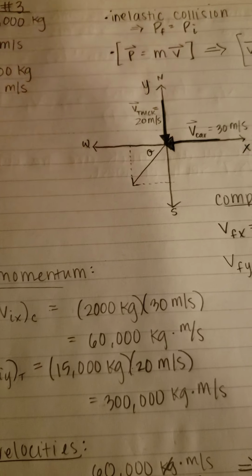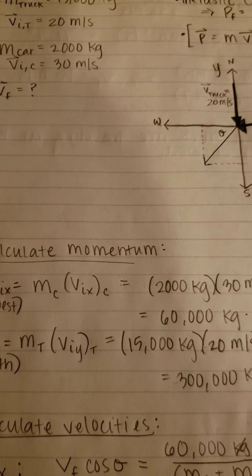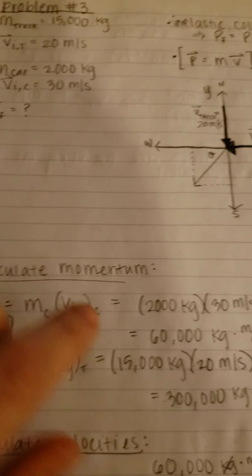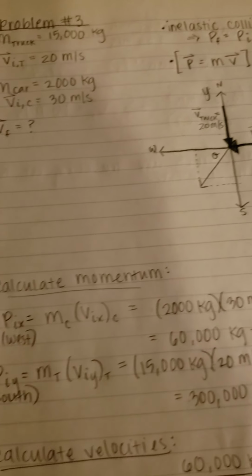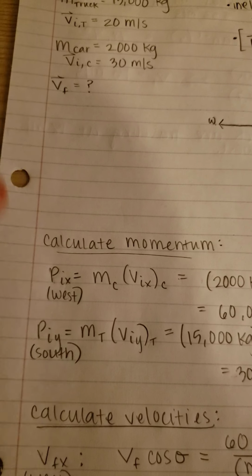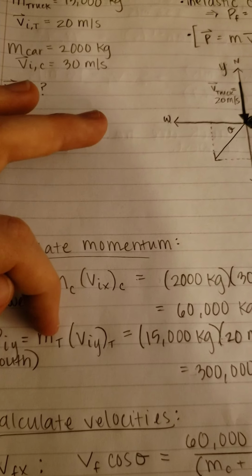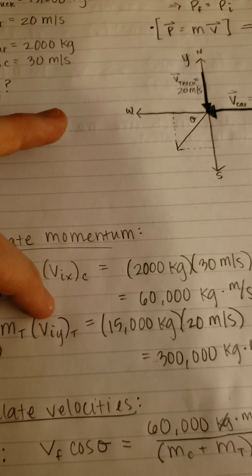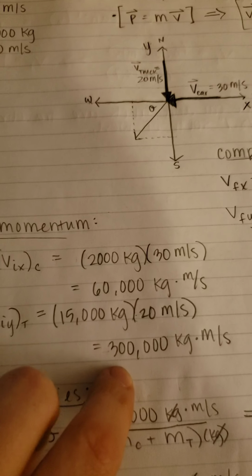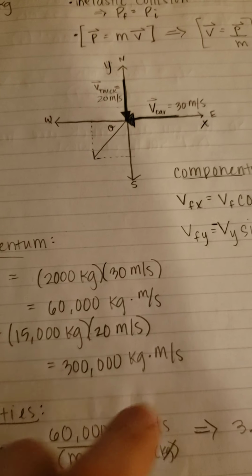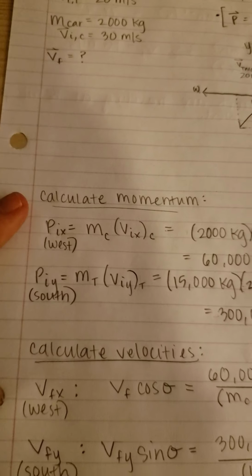We can leave out the truck in this one because it's traveling straight down on the y coordinate. So just those two going to give us 60,000 kilograms times meters per second for the momentum in the x direction, and for the y direction, or south, we're going to just use the mass and velocity of the truck. So we get 300,000 kilograms times meters per second for the momentum in the y direction.